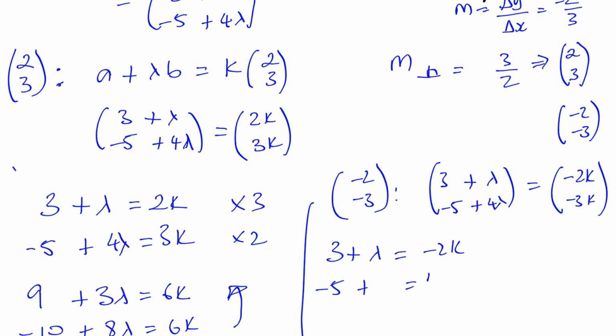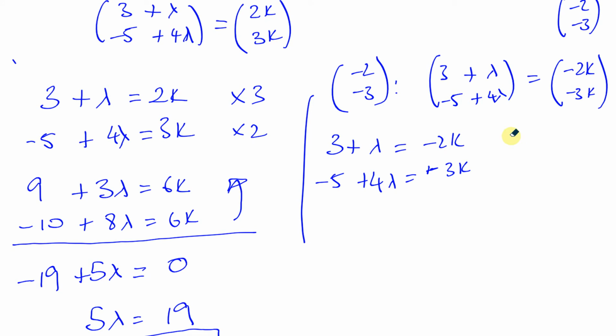If we multiply this by 3 and this by 2, we'll end up with 9 plus 3 lambda equals minus 6k, and we'll have minus 10 plus 8 lambda equals minus 6k.